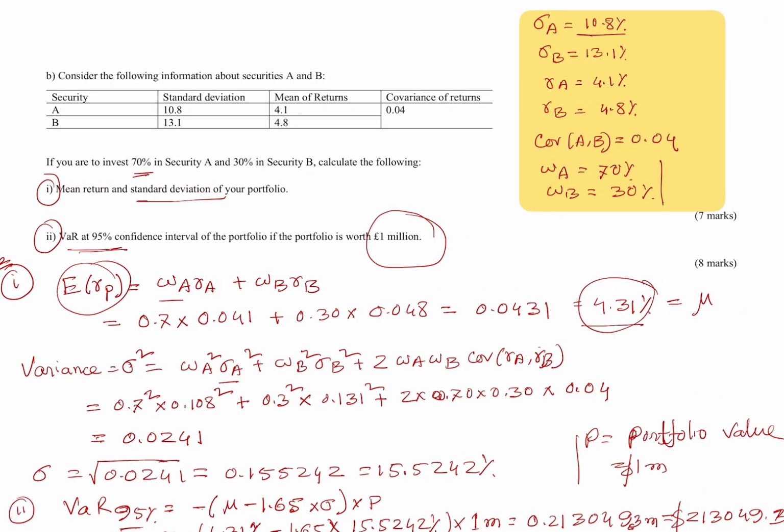Oh no, it does say it's in million pound. So this will be in pound, 213,049.3. This is the value at risk.